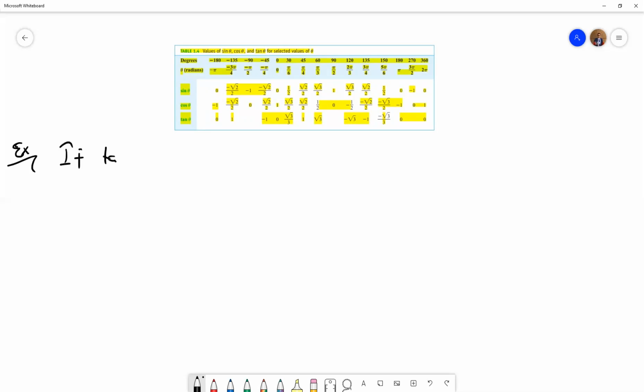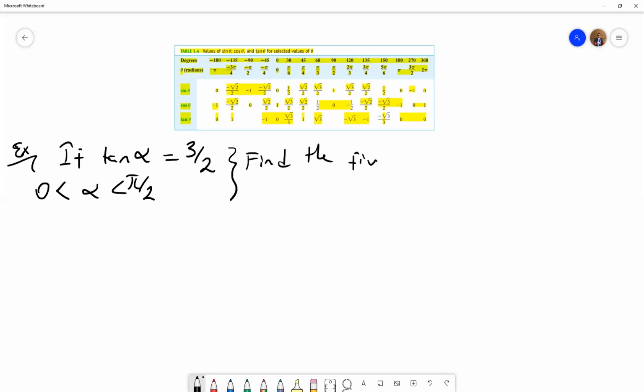If tangent alpha is equal to 3 over 2, and we know that alpha is between 0 and pi over 2, the question is, find the 5 other trigonometric functions.